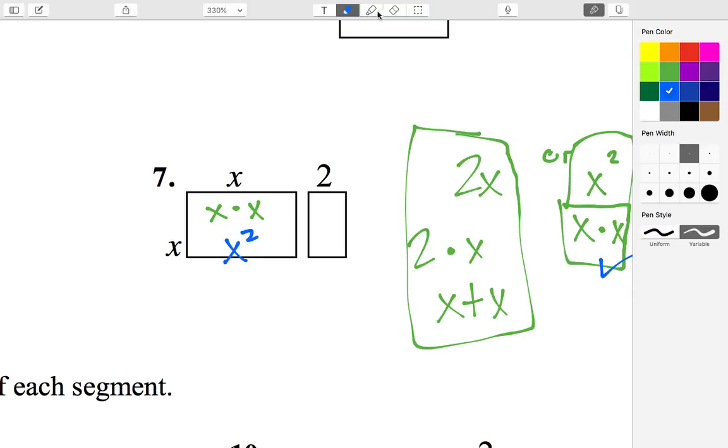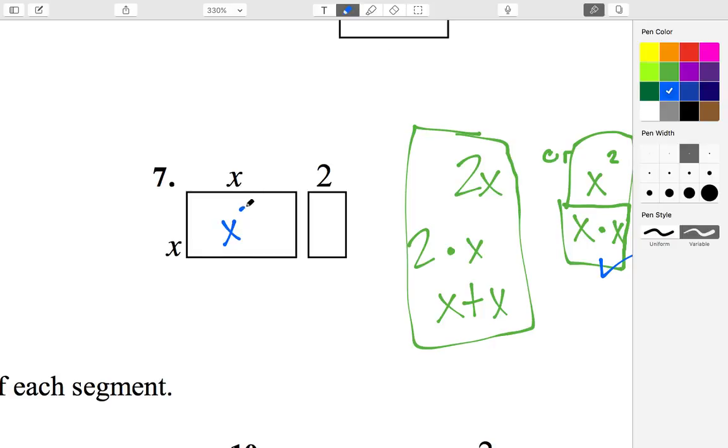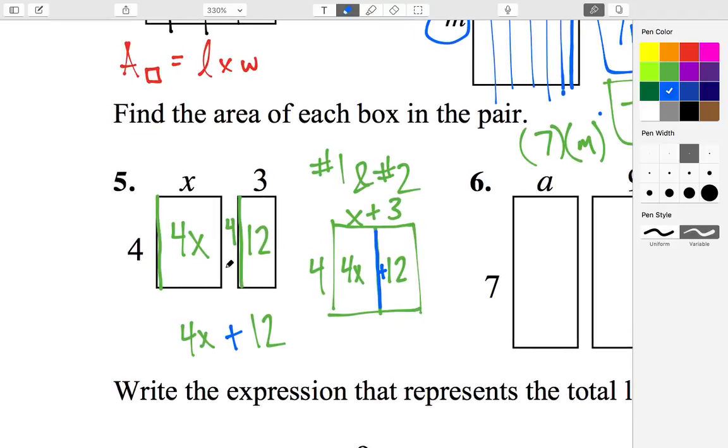If you need to see that again, rewind the video. I am going to erase it so there's no confusion. And we are going to write x squared in the center. There we go. Now we're using the same kind of mentality as the previous problem. And the height of this is x, so the height of this one has to be x. The previous problem I am talking about would be number 5. So it was 4 and 4.